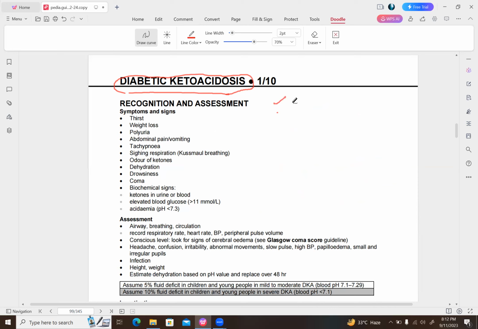Usually the diabetic kid presents with abdominal pain. They present with vomiting, and secondary to the vomiting, they are dehydrated.